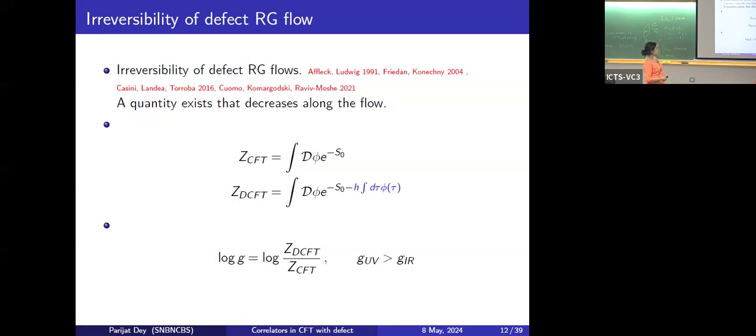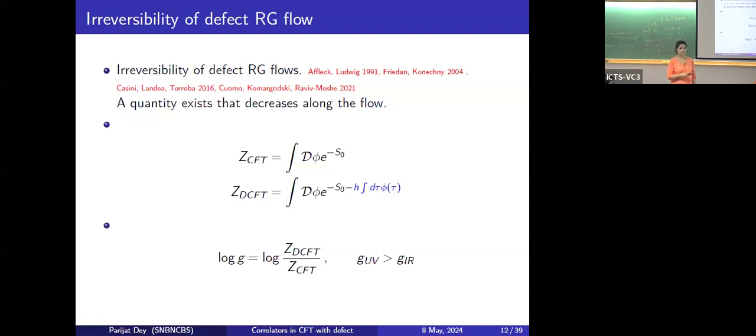With these 2 partition functions, one can compute the ratio of the defect CFT to the CFT partition function, and this quantity captures the impurities due to the defect. This is defined to be log of g, which is called the g function, and one can show that this quantity g is monotonic. So g_UV is greater than g_IR.